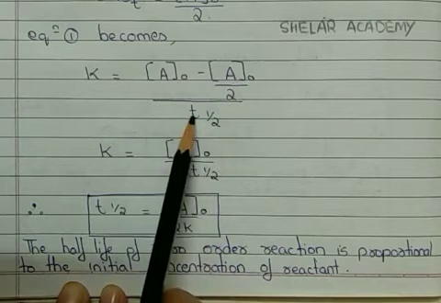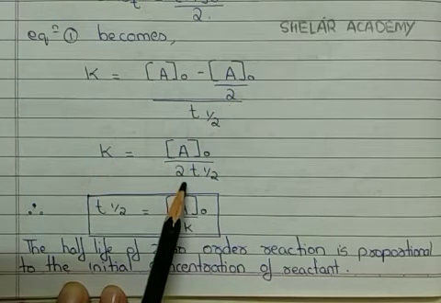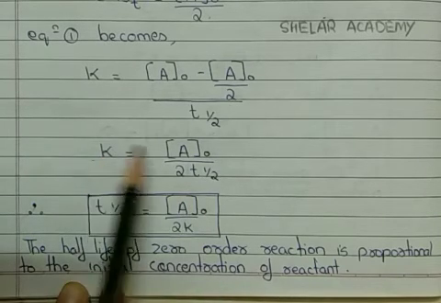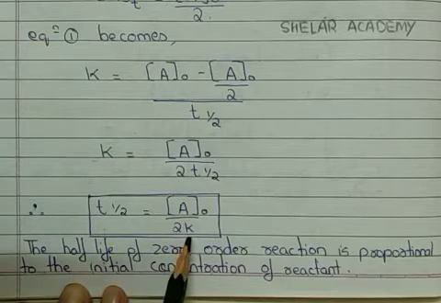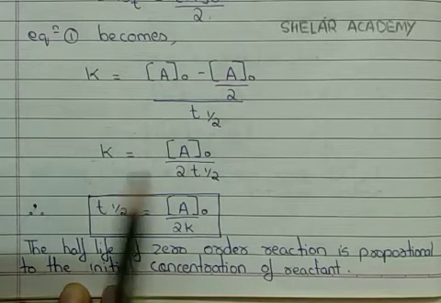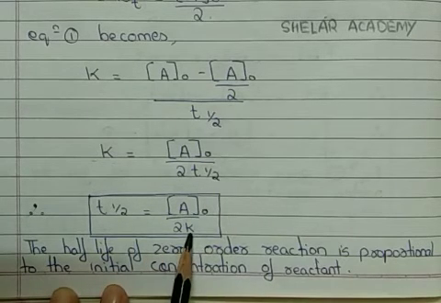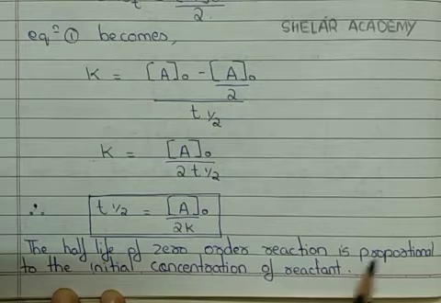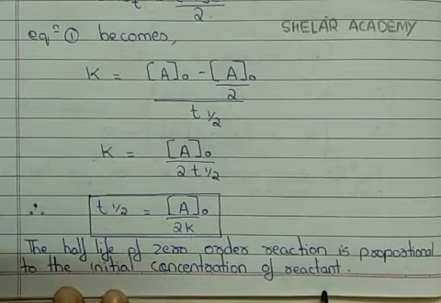If we rearrange the equation, we get k equal to A naught upon 2 t half. Taking t half on the left hand part and k on the right hand part, we get t half equal to A naught upon 2k. This will be our half-life equation for zero order reaction. From this equation we can see that the half-life of zero order reaction is proportional to the initial concentration of reactant.